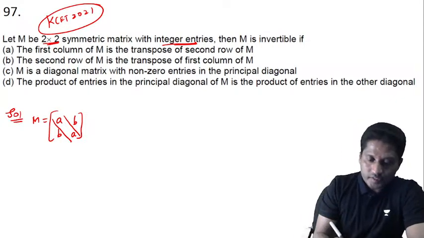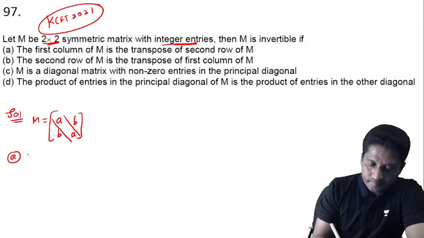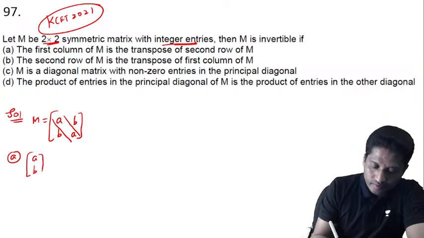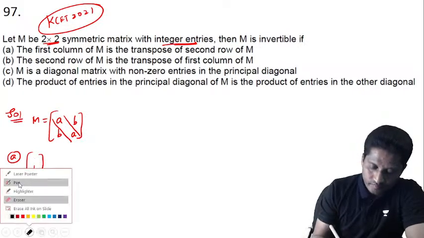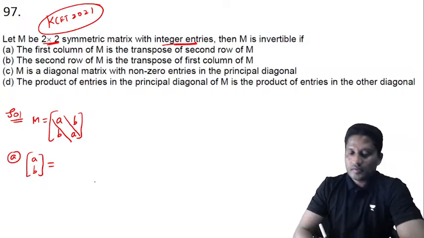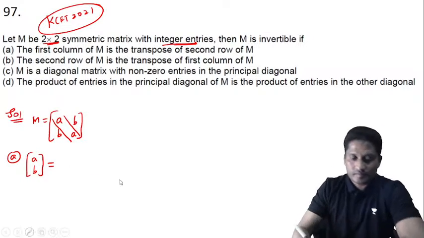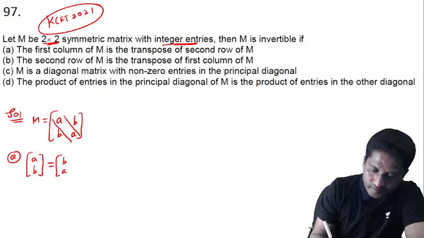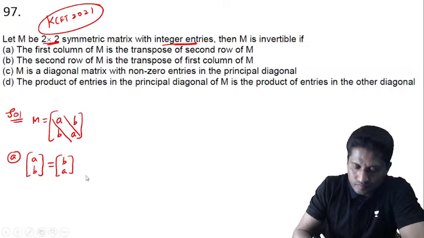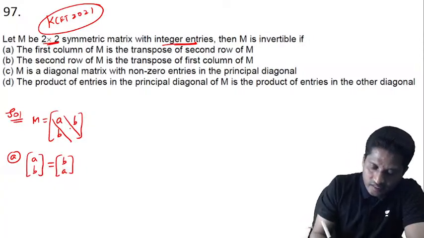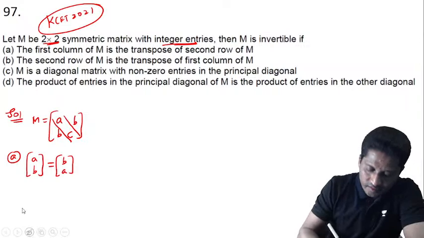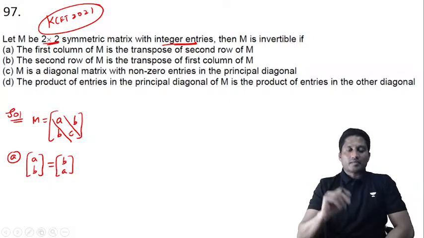Okay, now option A, the first column of M is the transpose of second row of M. Transpose of second row of M will be equal to BA. You take anything in the principal diagonal, I'll take this as A, B, C. Elements which are symmetric to the principal diagonal should be same.